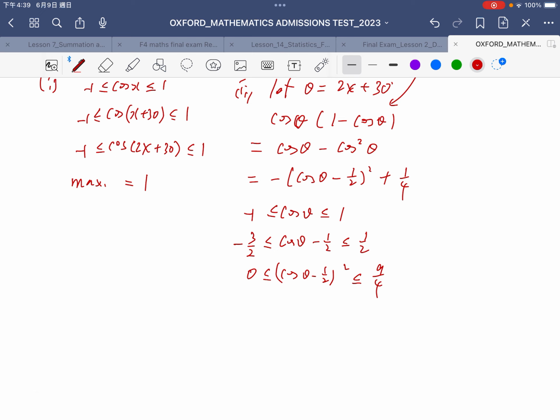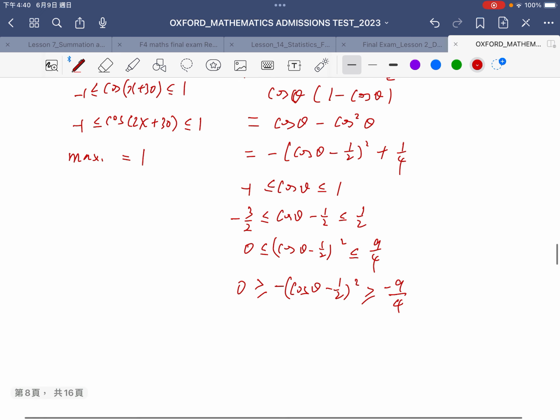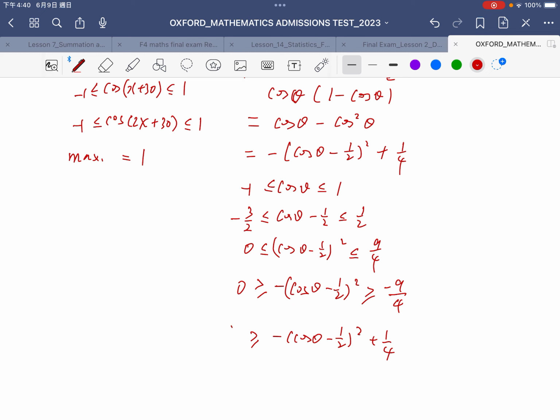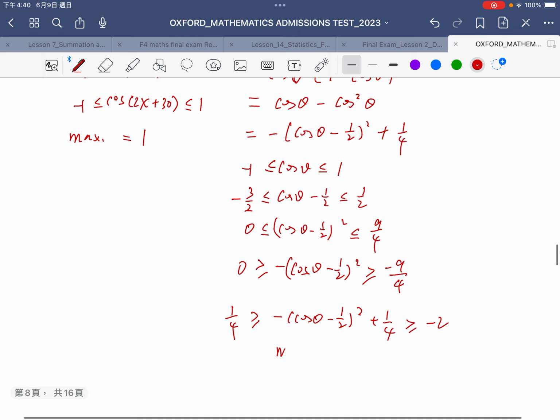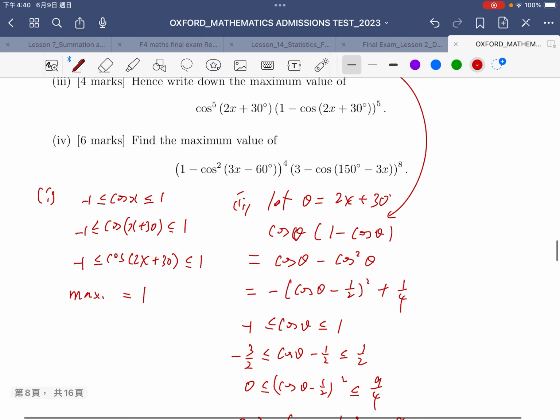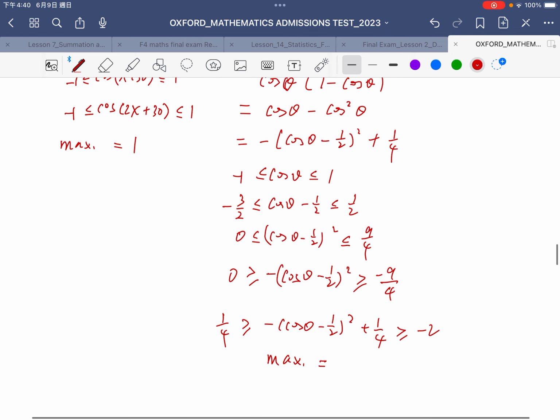Then multiplying by the minus sign changes the sign: the maximum becomes 0 and the minimum becomes -9 over 4. Then adding 1 over 4 to both sides, we have the maximum 1 over 4 and the minimum -2. So in question 2, the maximum value is equal to 1 over 4.